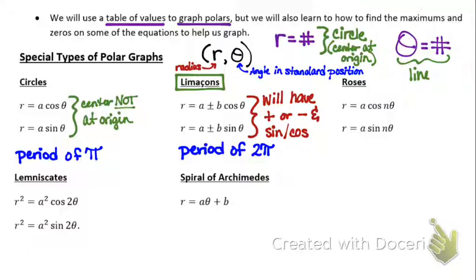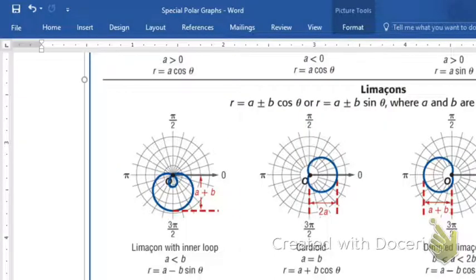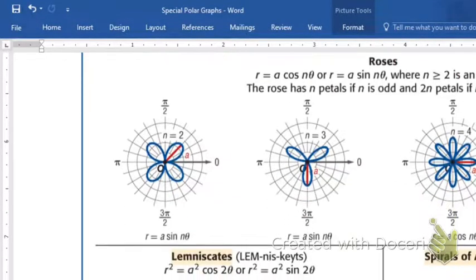And then we have our roses. If you look at that page with all the different graphs, we have our roses here. The roses have different numbers of petals depending on what your value for n is.